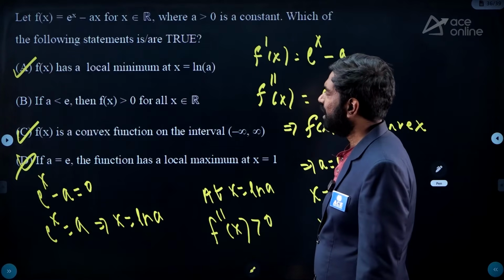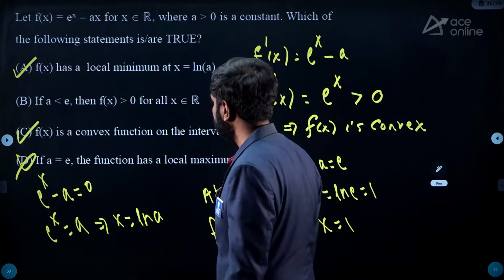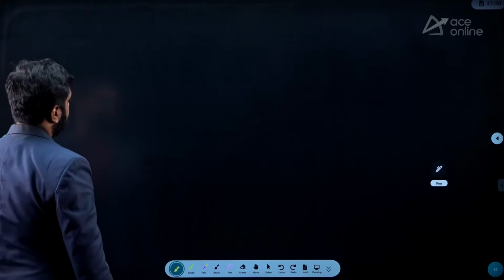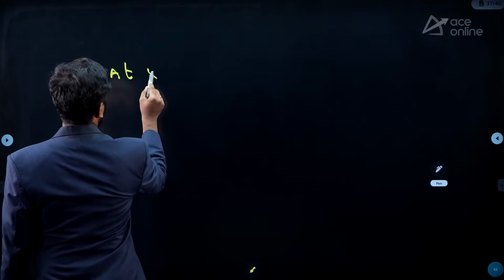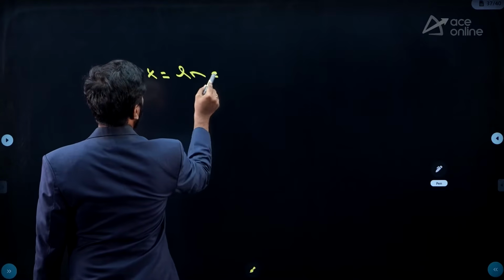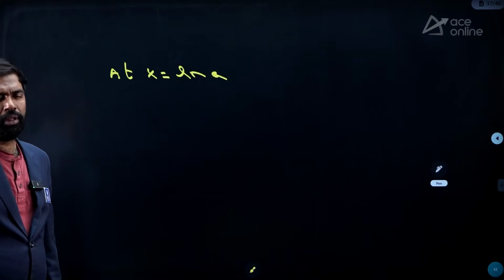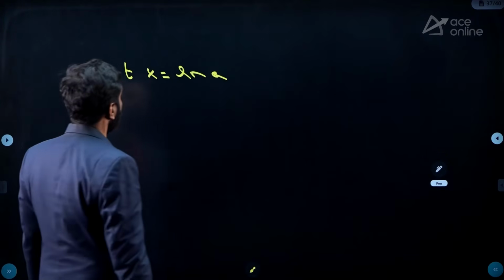It says a is less than e, then f of x is greater than 0. Okay, so this is interesting. So let's see, at x equal to ln a, we are now confirming that it is a minimum, and it is also a convex function, so it has to be a global minimum.